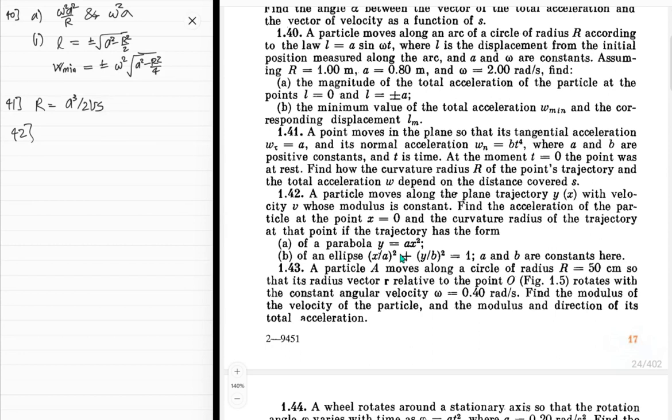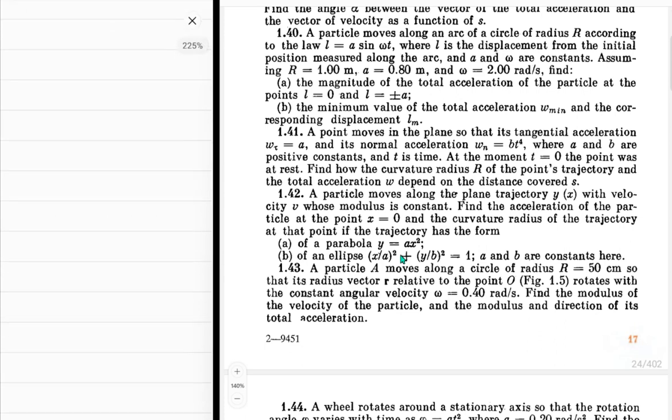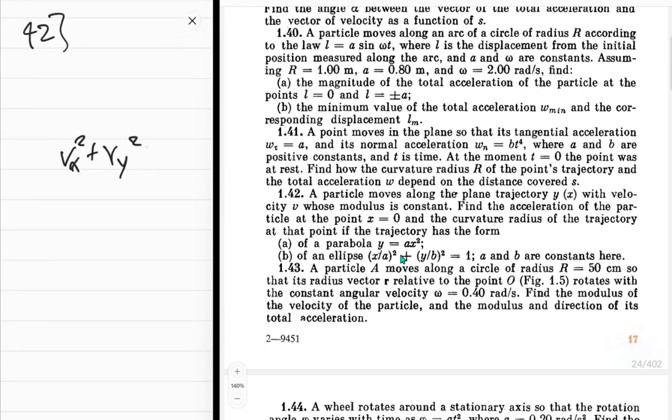So basically what you can see is vx squared plus vy squared is equal to v squared. That is our only thing of usage from this. And so now let's go for a.